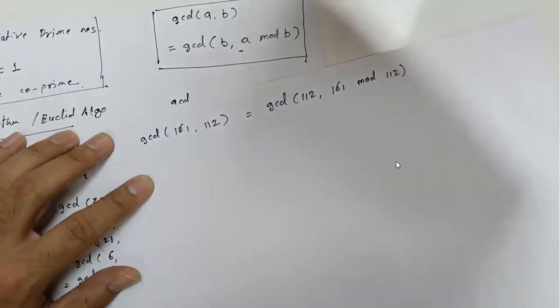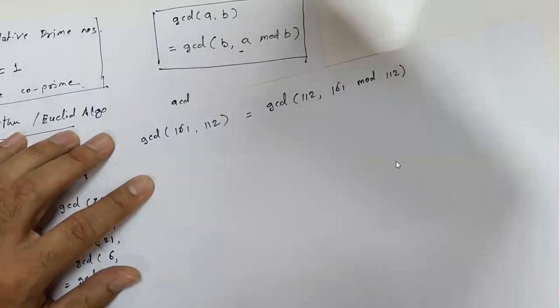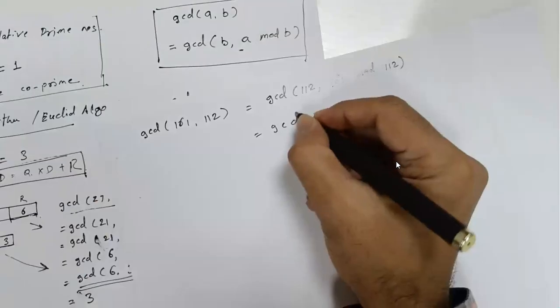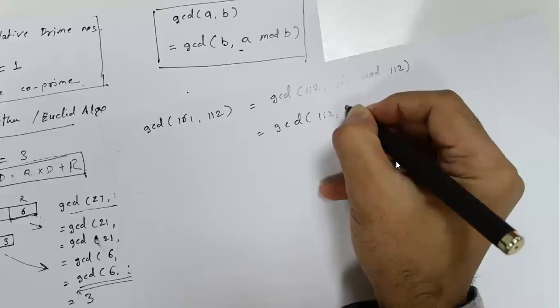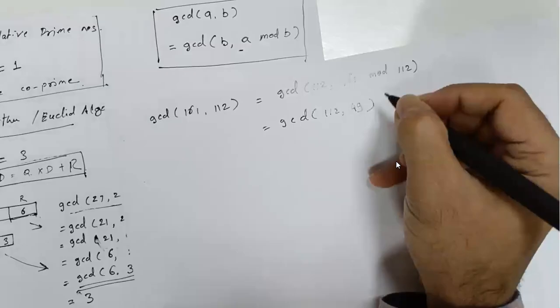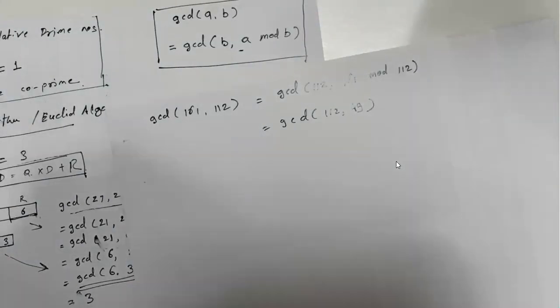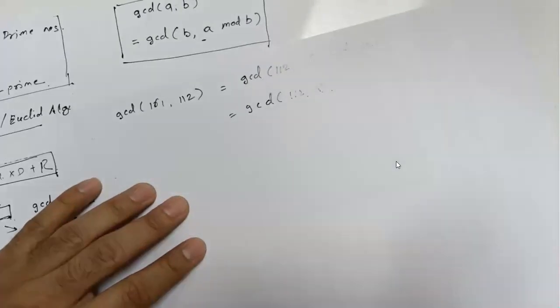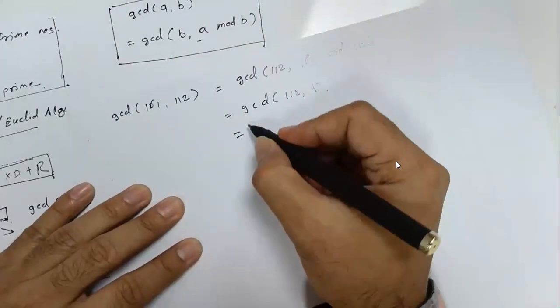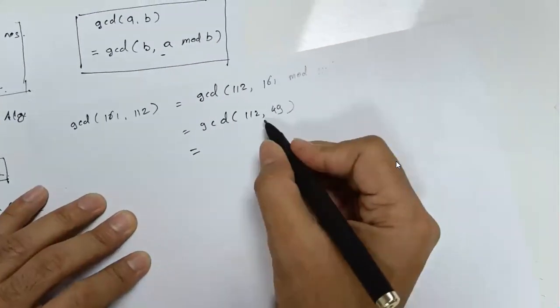So 161 mod 112 is 49. So this becomes GCD of 112, 49. Is everyone getting the same answer? Yes, sir. Right. So the next step is you again work on this one.